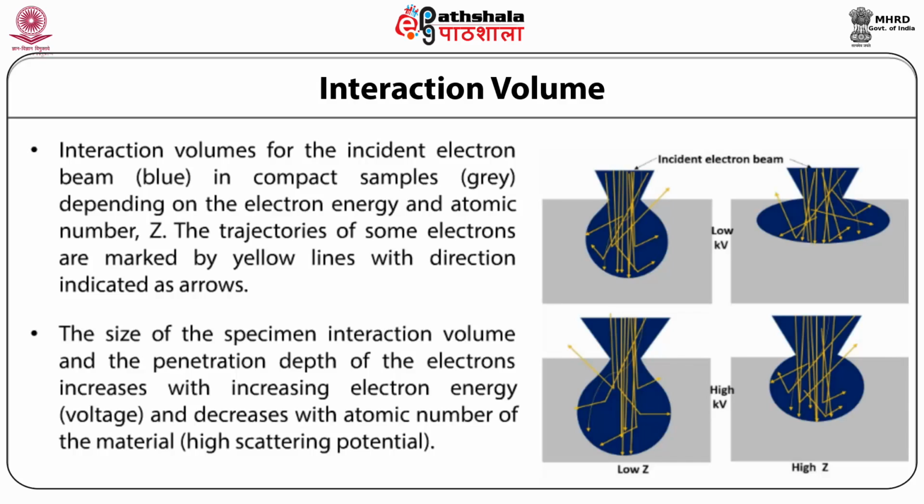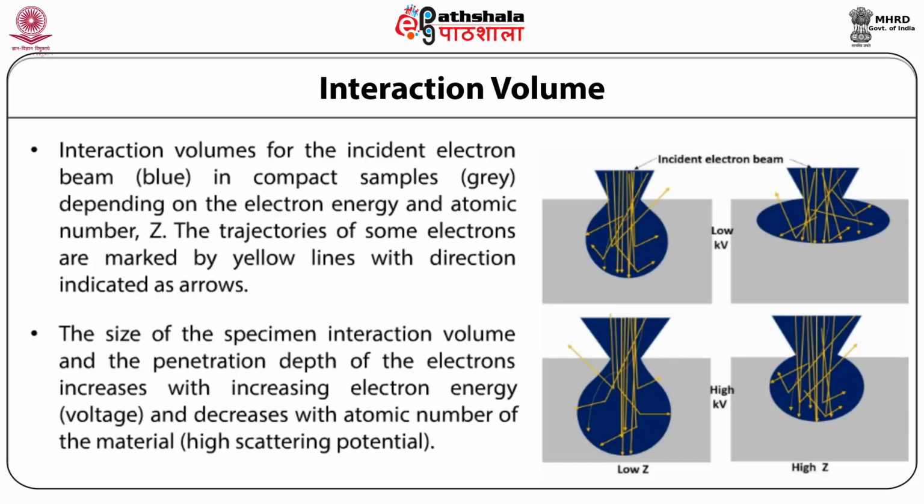In compact samples, most electrons of the incoming electron beam are absorbed in the specimen, resulting in an interaction volume that has a pear-like shape. On their path through the sample, few electrons interact inelastically, losing a part of their energy.